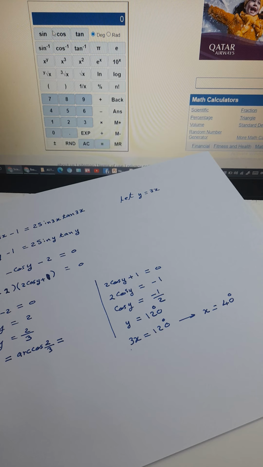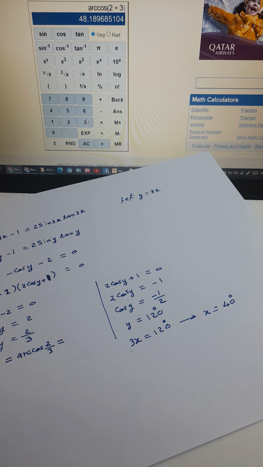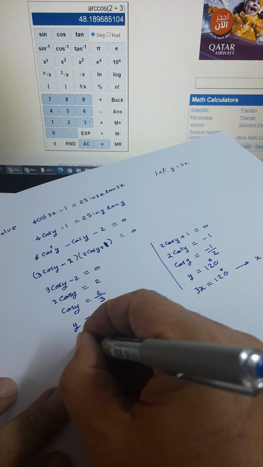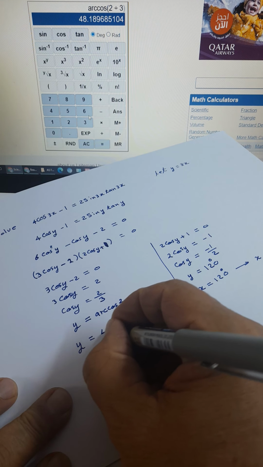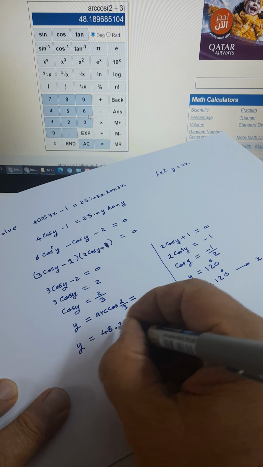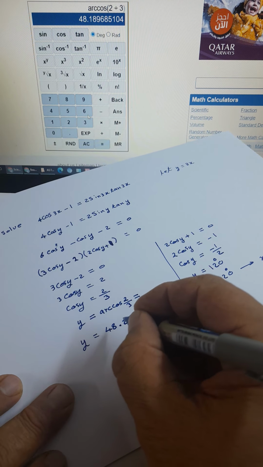And here cosine y equals 2 over 3, the angle is 48.2. y equals 48.2, rounded to 3 significant figures.